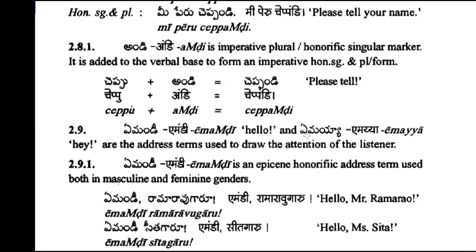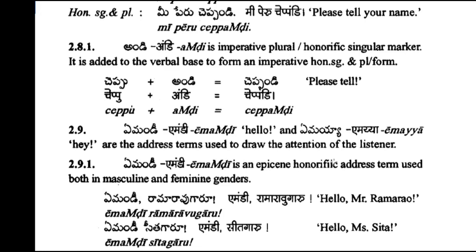One more thing I want to tell you. See this Emaya. Here they did not mention it, but I will explain. In Emaya, aya means like sir, and amma means like madam. When there is a single male person, you can say Emaya. But for a female person you cannot say Emaya, because aya indicates masculine gender. So you have to say Emamma.